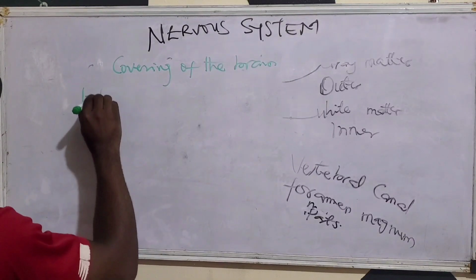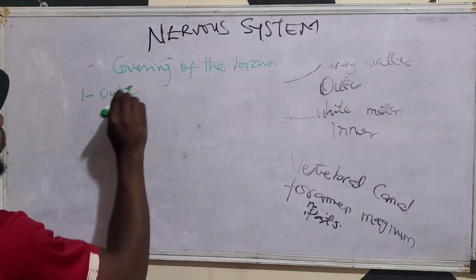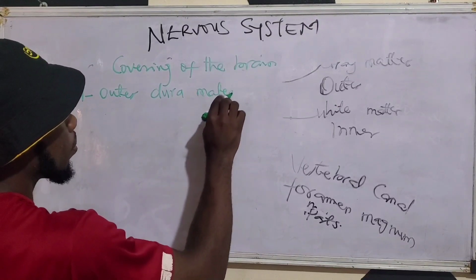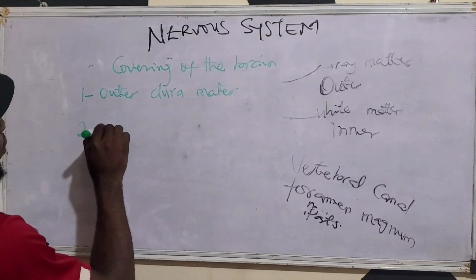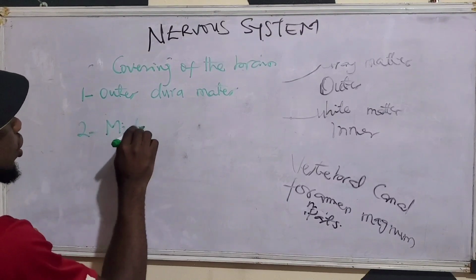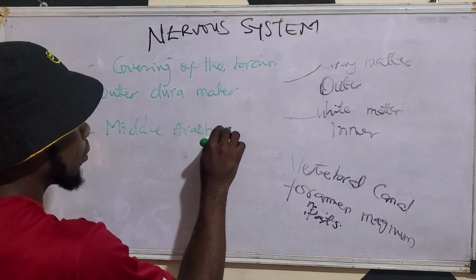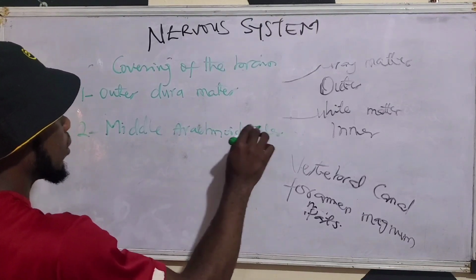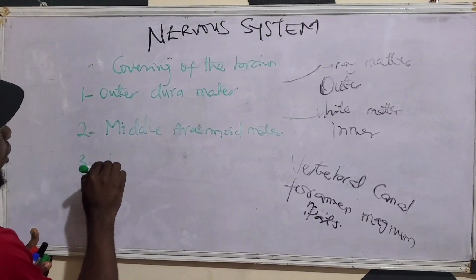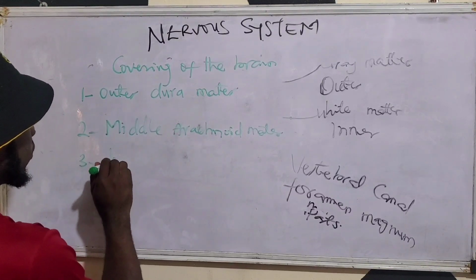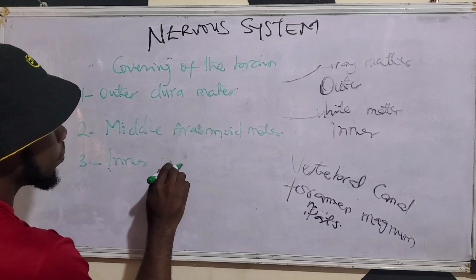Number one, the outer dura mater. Middle, arachnoid mater. And finally, the inner pia mater.